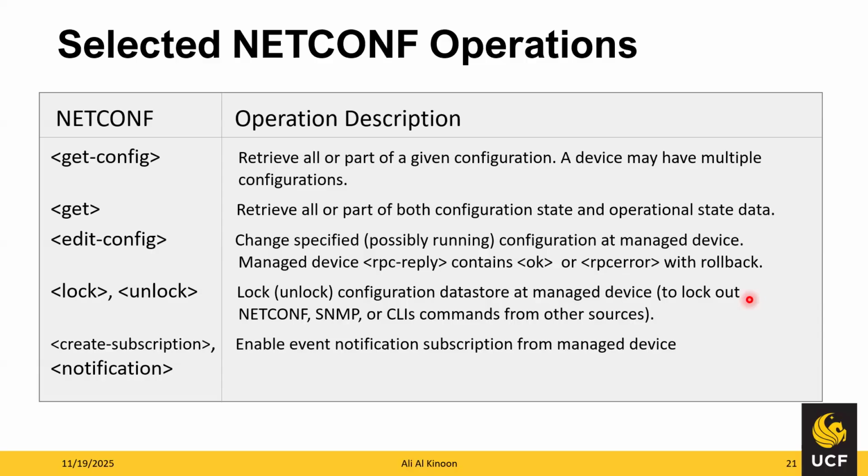If there's an RPC error, it means there's something that needs to be changed, so some kind of rollback is needed to be redone by the server. Lock and unlock allow the server to lock a configuration data store so that no other management system, such as NETCONF, SNMP, or even the command line, can change it during a critical update. That prevents conflicting edits.